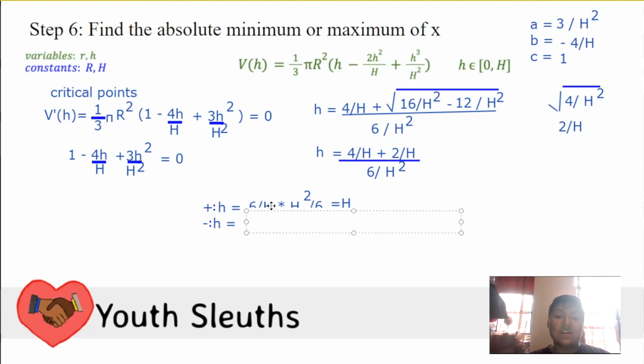So now we have to solve for when we're subtracting. So we have 4 over big H minus 2 over big H, which ends up being 2 over big H. And again, we multiply the reciprocal, and it's the same denominator, so we write the same format.